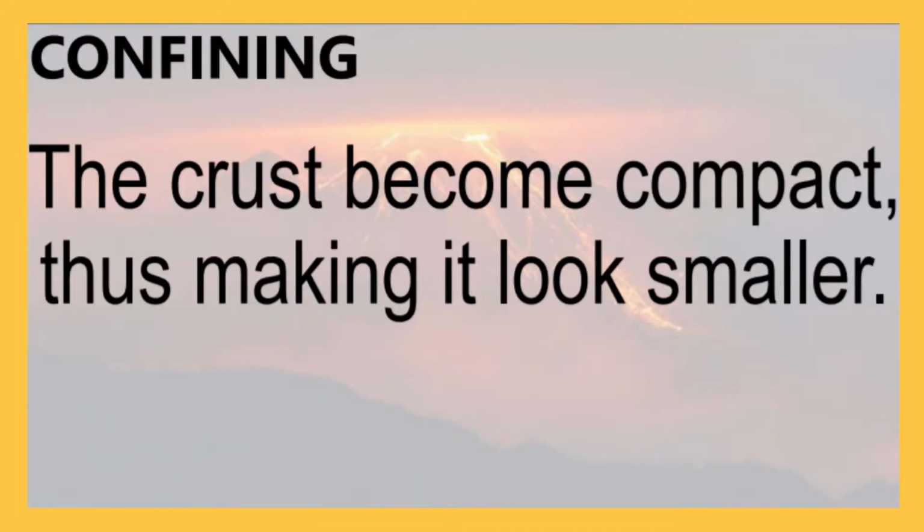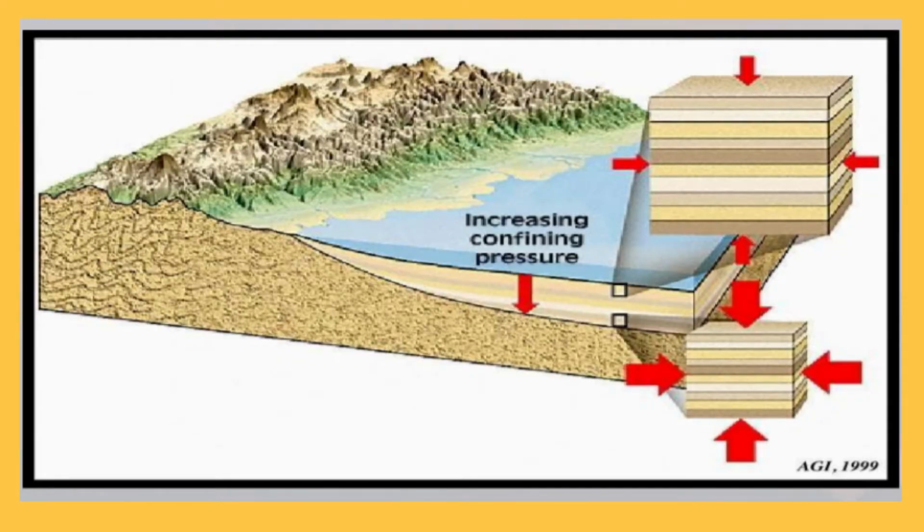Now, the last one is confining. Confining is where the crust becomes compact, thus making it look smaller. Compared to shearing, which only has two directions in different ways, confining is where all the directions are compacted into a rock, creating a confining pressure.